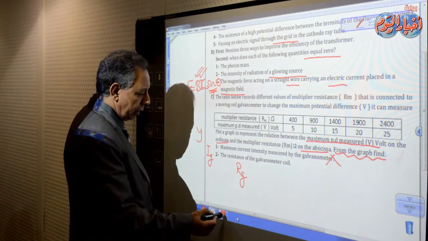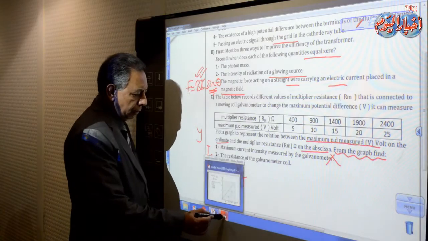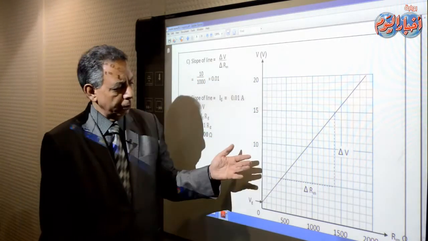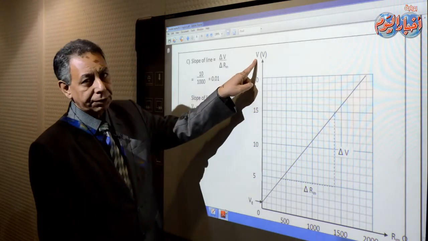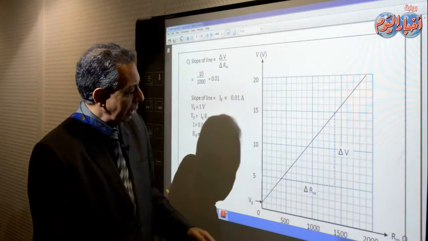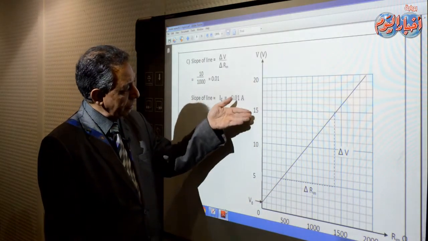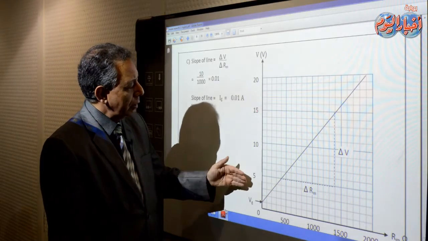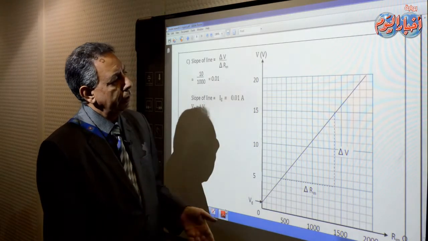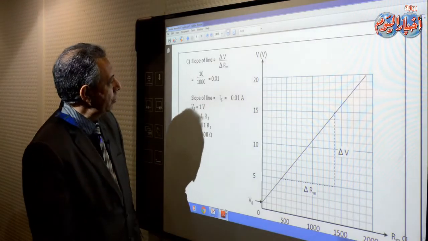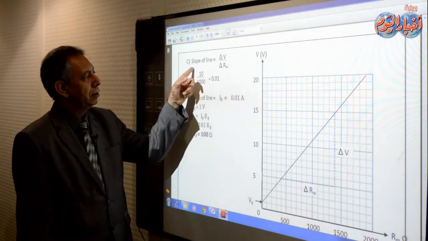Let's have a look at the answer. When you plot the graph, please write the quantity and its unit, and use equal spaces, equal values: 0, 500, 1000, and so on, 0, 5, 10, 15, 20, and so on, and the points are joined through a line. First of all, we are going to find the slope of the line.